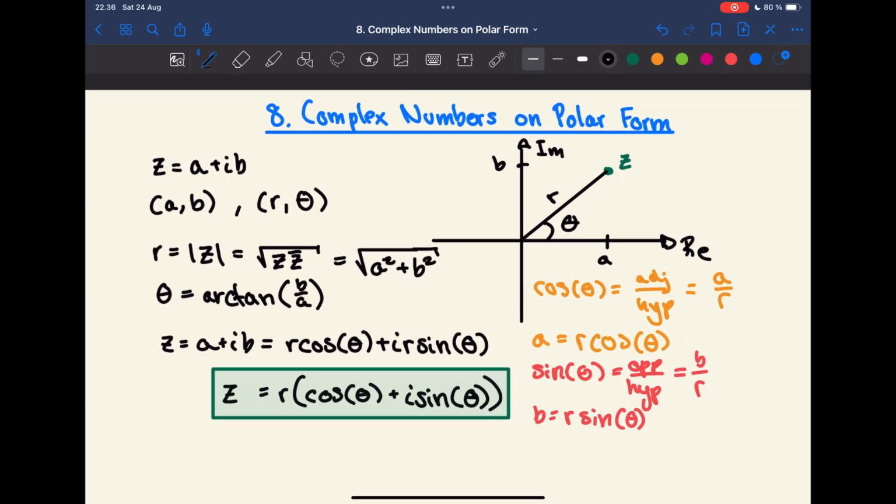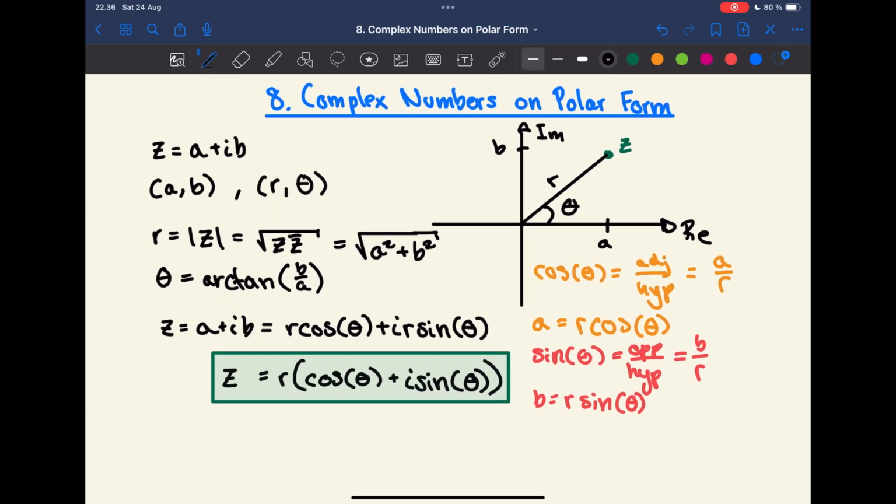And since it's so useful, let me just add what the real part and the imaginary part are. So the real part of c, when we have it in polar form, is just r times cosine of theta. And the imaginary part of our complex number on polar form would be r times sine of the argument.